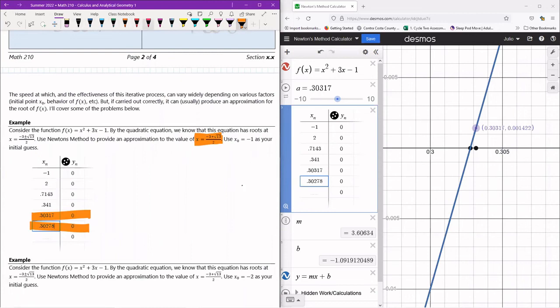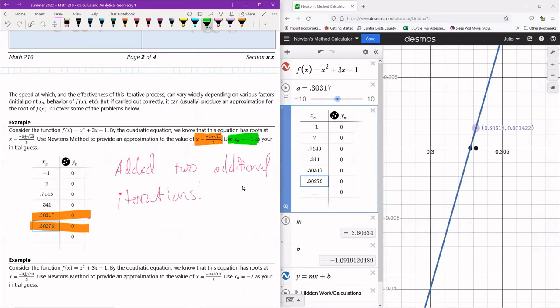So what this did was it added 2 additional steps, basically, iterations. Everything else was the same. The only difference is that we started at a different point.